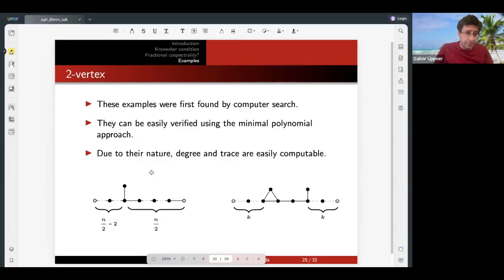And so let me just give you 2 types of examples that we found where this theory can be actually implemented. So first of all, in the 2-vertex case, we have found a bunch of families where we can explicitly find these polynomials. Well, there'll only be 2 of them.